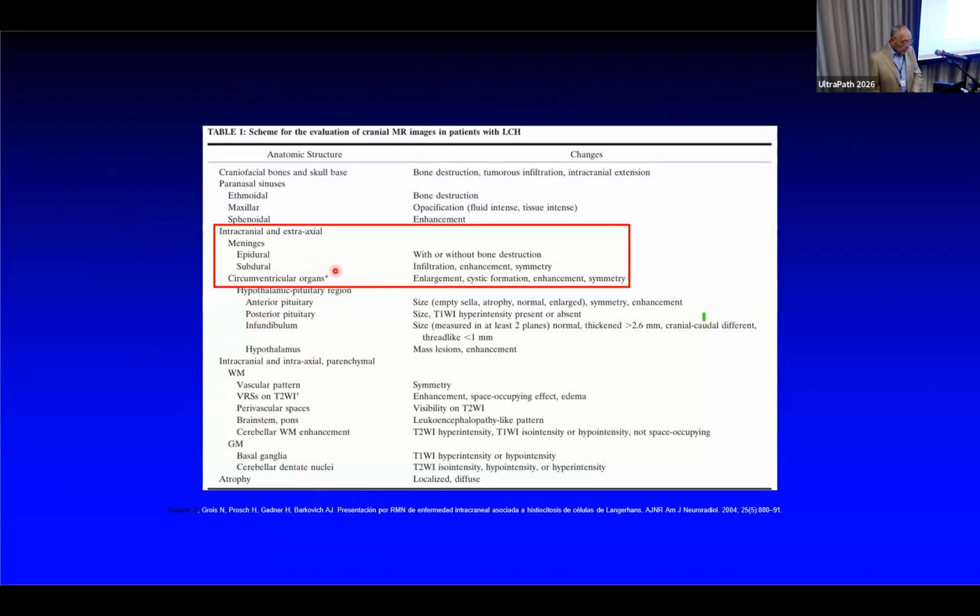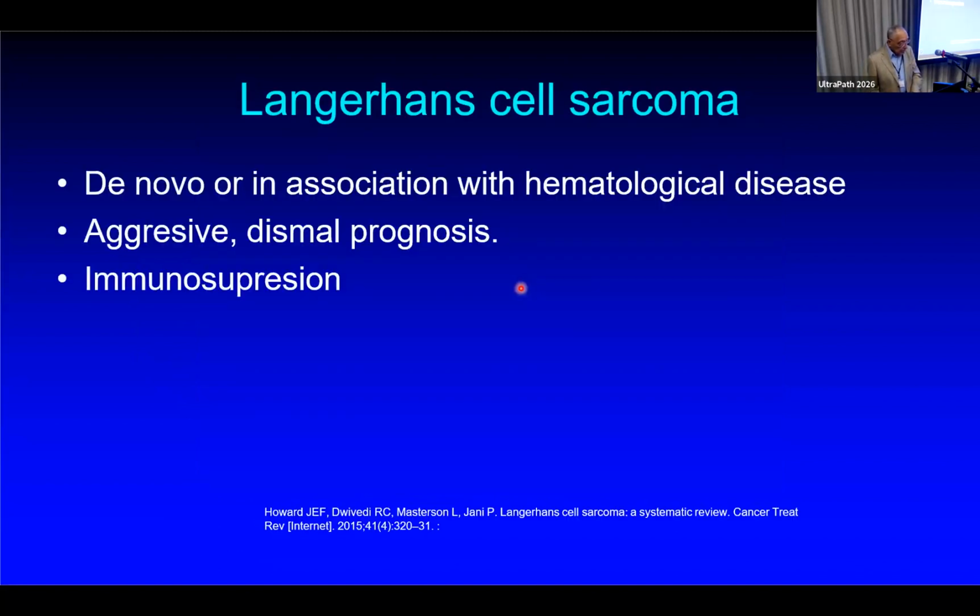This is from the literature to see the central nervous system involvement. It can be de novo or in association with hematological diseases. It's a very aggressive neoplasm with no treatment for that entity.